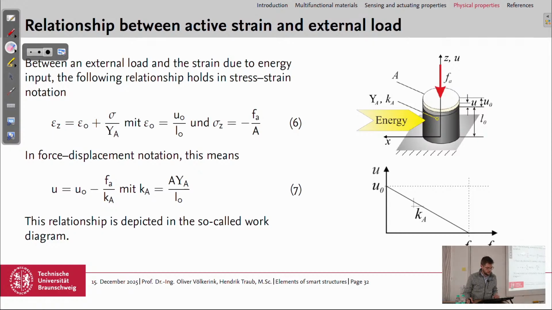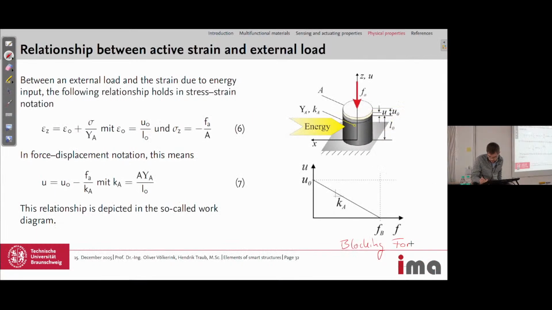Fb is the blocking force, which is the force you need if you apply the electric field to the piezoceramic, it elongates, and if you push it back to its original length, then the force you need for this is the blocking force.